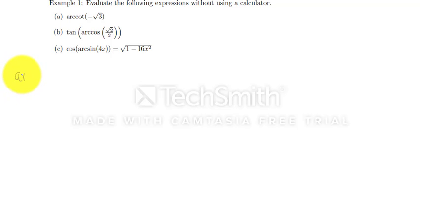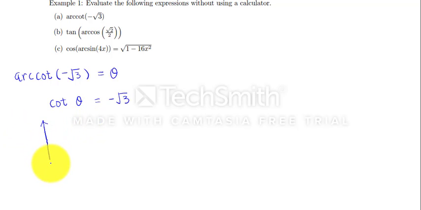So arc cotangent of -√3 equals the angle where cotangent of this angle equals -√3. And we also need to notice the restricted domain is from 0 to pi.